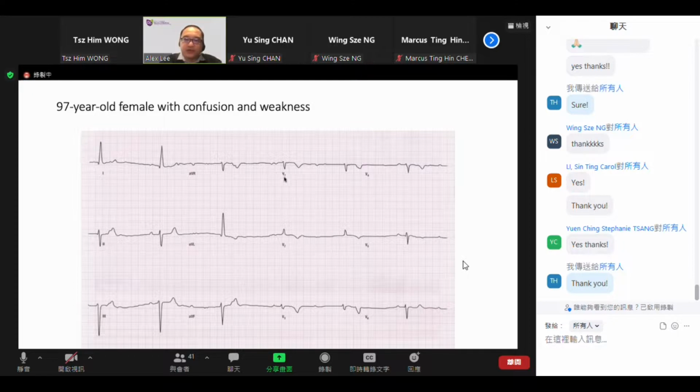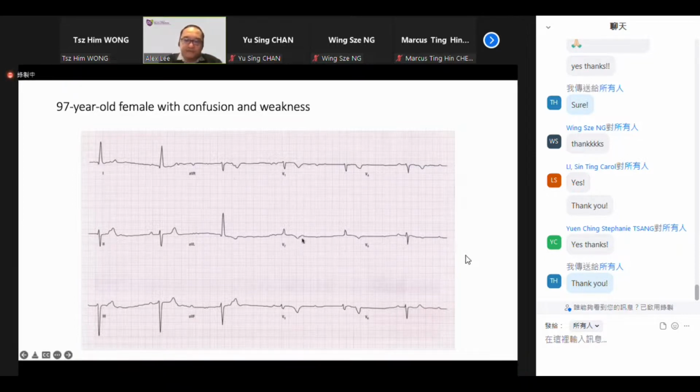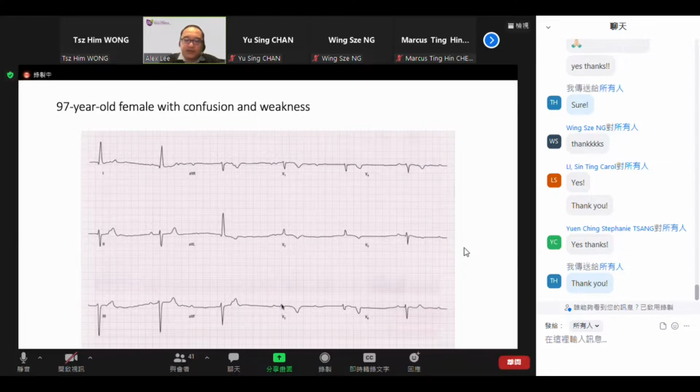That's normal, right? There's a gradual change from negative to positive QRS from V1 to V6. But here V1 is negative and V2 is positive. But V2, V3, and V4 again become positive, then neutral, which is unusual no matter what kind of pathology it is.